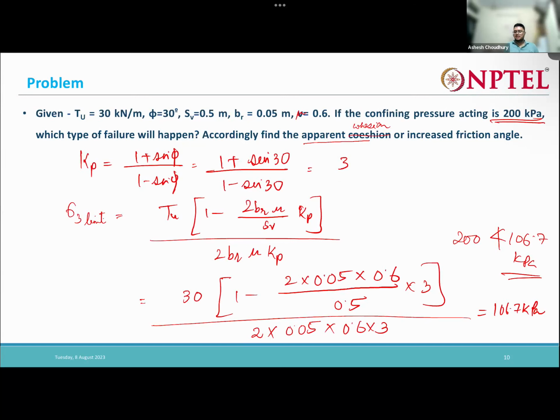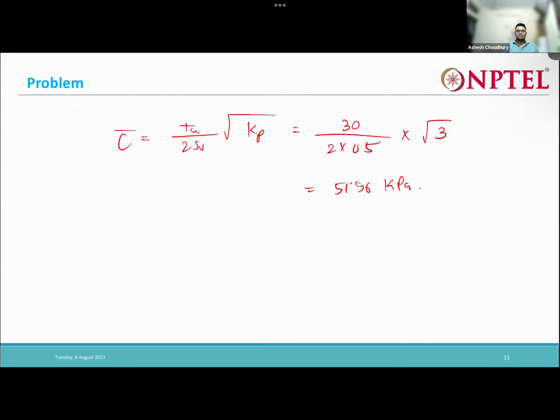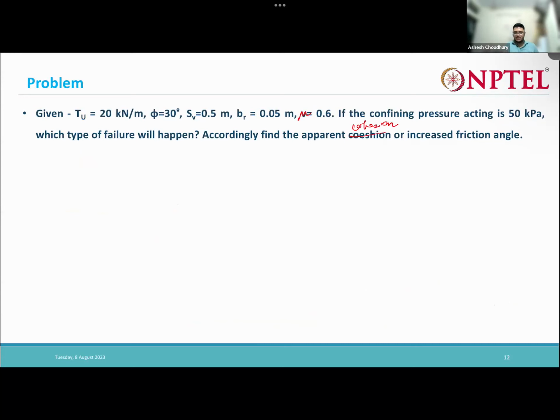Kp is same, Kp is 3. Then we need to determine the limiting sigma 3. Please tell me what will be the limiting sigma 3 value.